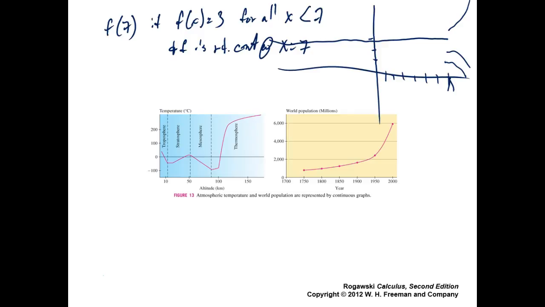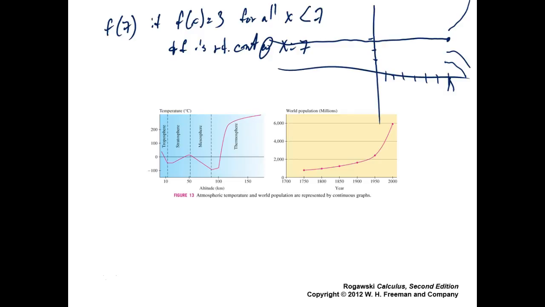Number 4 says no. But the second part of that asks, what if f is left continuous? If f is continuous from the left at x equals 7, that means the value it's approaching is the value it is.